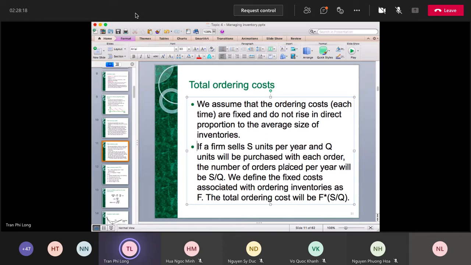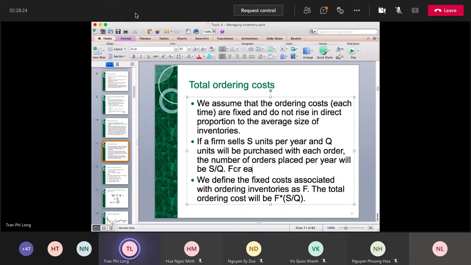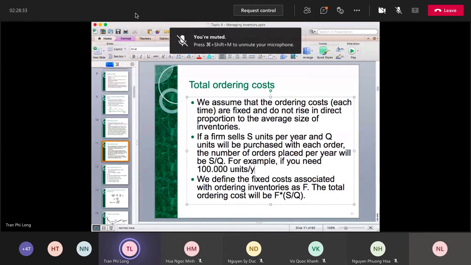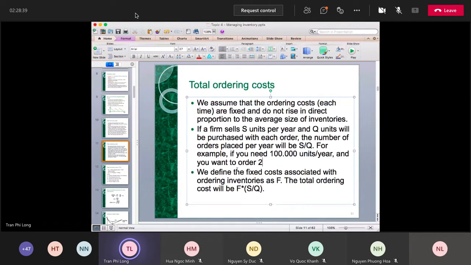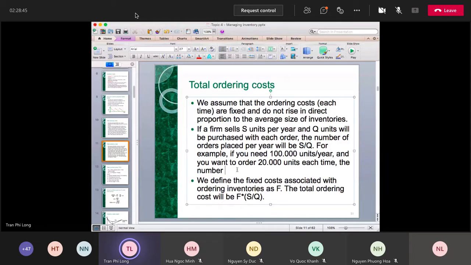So the number of orders per year will be S over Q. For example, if you need, let's say, 100,000 units per year, and you want to order 20,000 units each time, the number of orders will be 100,000 divided by 20,000, which equals 5. So it means that in this example, you will have to order 5 times.